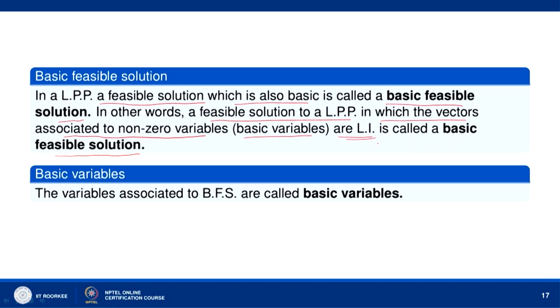So, then we will not call the feasible solution a basic feasible solution, and the variables associated to a basic feasible solution are called basic variables. So, this we have earlier also seen.